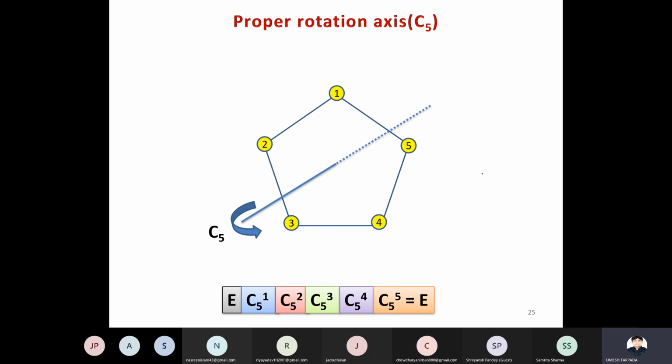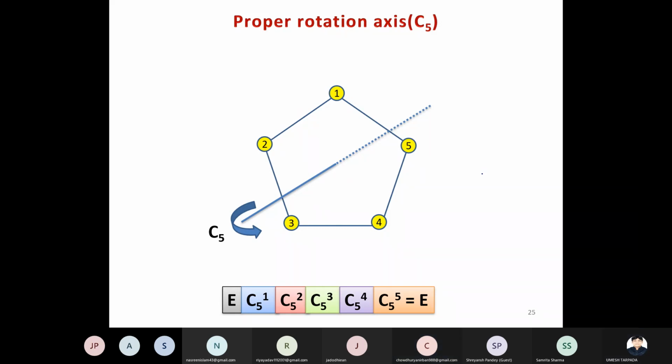How many C2 are there in this case? Three C2. Where is first one? First one has a 4 to middle bond.